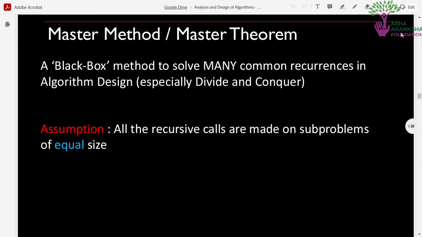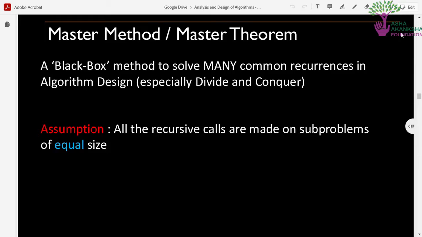Yes, there are several assumptions made while using the Master's theorem. You have to keep those assumptions in mind, otherwise your answer might come out to be wrong. First of all, like I stated in earlier videos, you should know what a recursion is and how we actually divide problems in recursion.